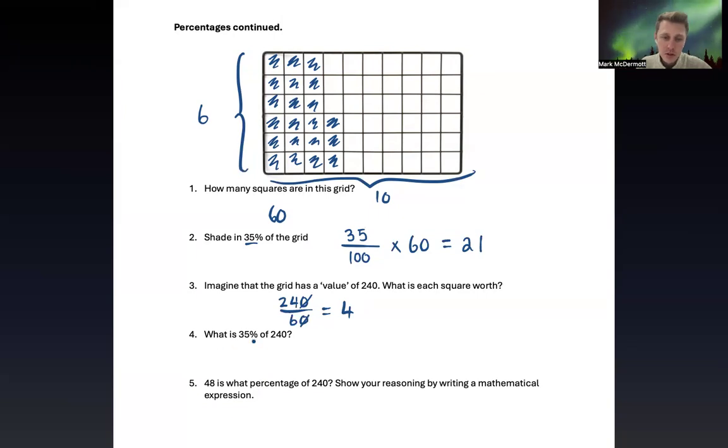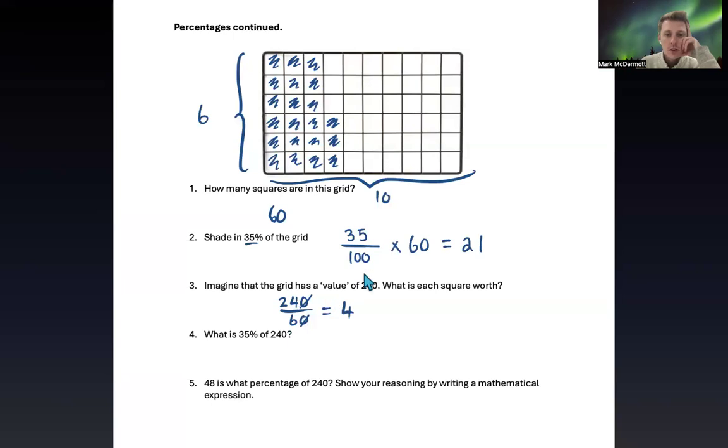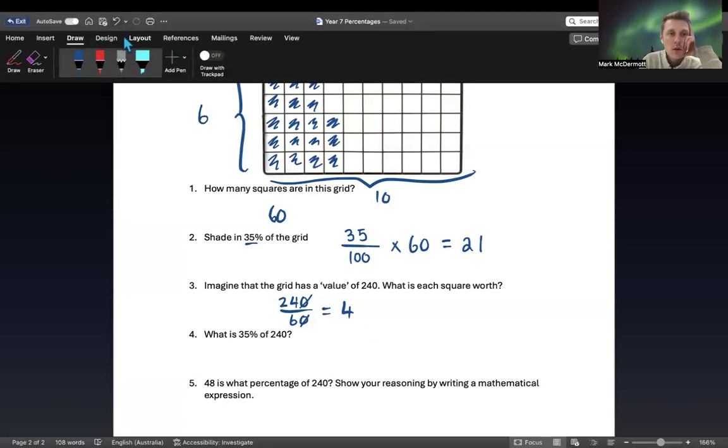Okay, so hence, what is 35% of 240? Well, we know that 35% of the grid is 21 squares, and we know that each square has a value of 4.